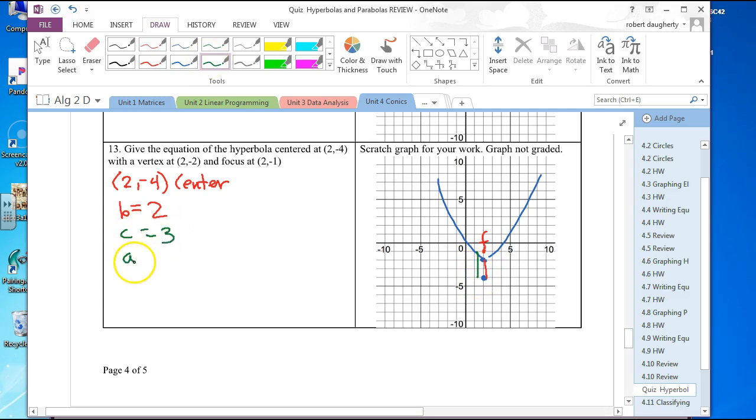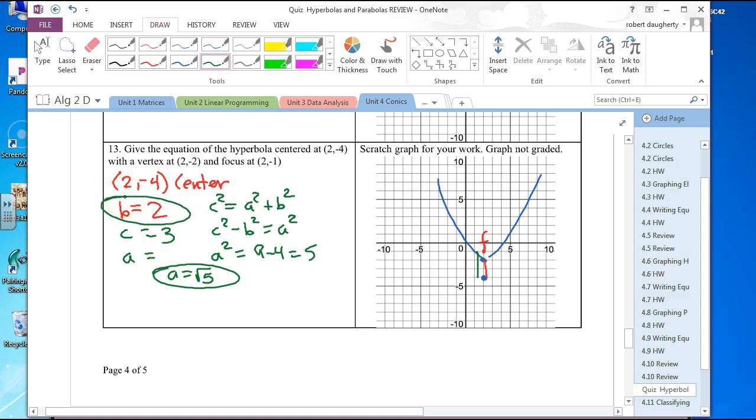I don't know A, but I know that C squared equals A squared plus B squared, so C squared minus B squared equals A squared. Therefore, A squared is equal to 9 minus 4, which is 5. A is equal to square root of 5.